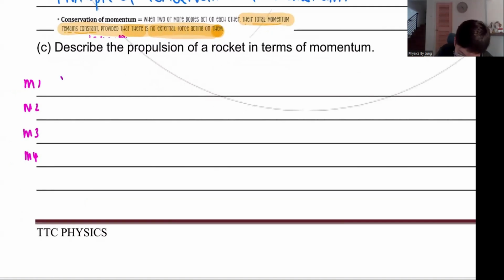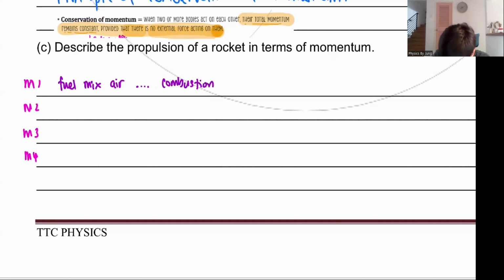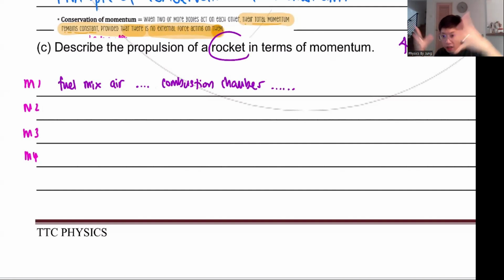Yes, correct. The first part we say the fuel mixed with air. Then after that, what else? You must talk about the combustion. It mixes in the combustion chamber, then you have the combustion. Then what happens? The rocket goes up, then what will you get? Yes, correct.